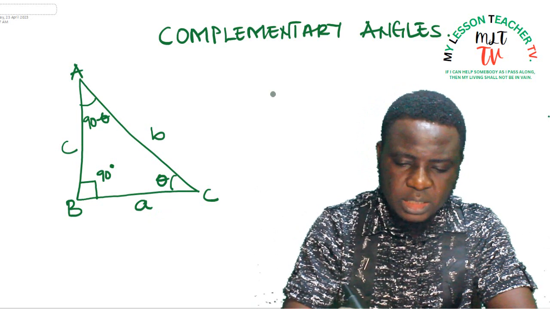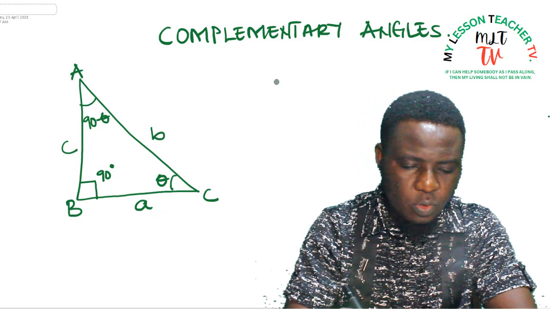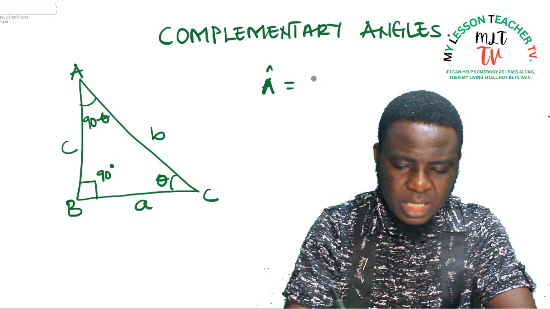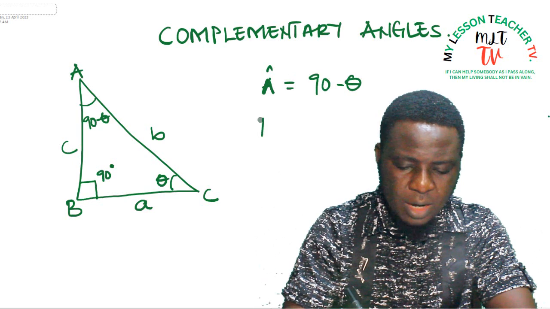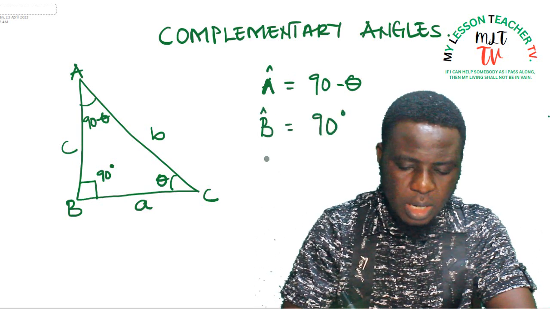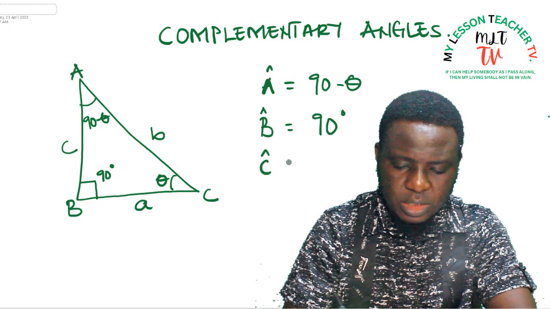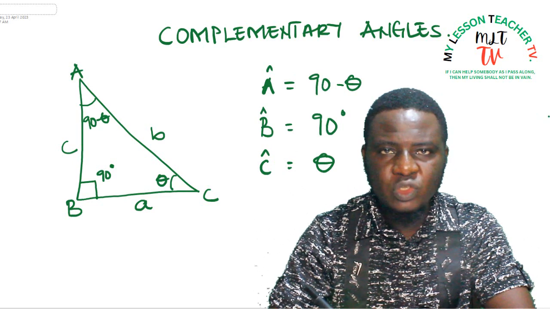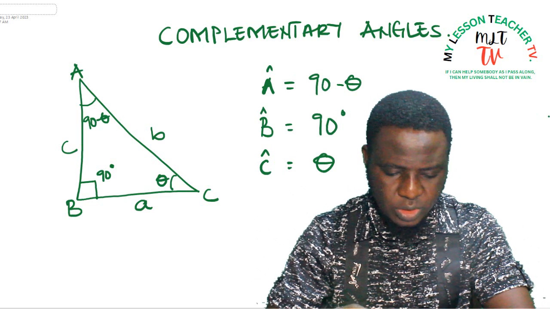That is to say that if you add up angle A, which I said is 90 minus theta, and angle B, which is 90 degrees, and angle C, which is theta, their sum total gives you 180 degrees.